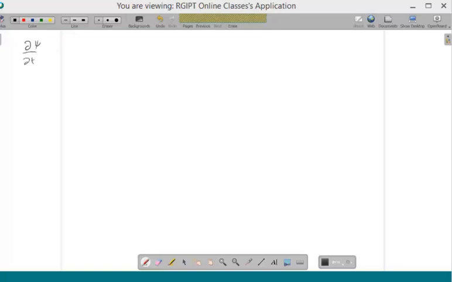So let me just rewrite the general equation: del psi by del t plus del dotted with psi v minus D del psi plus rate of generation.